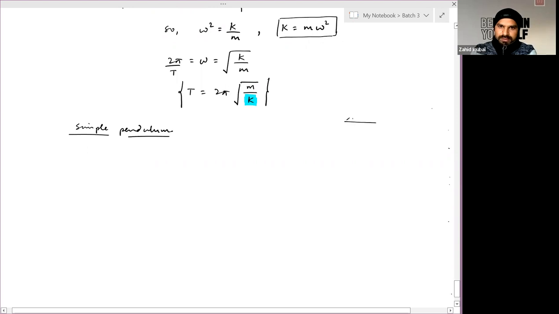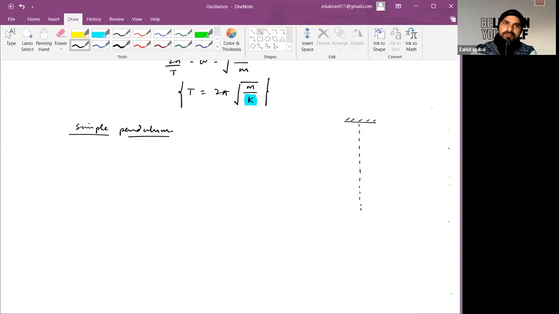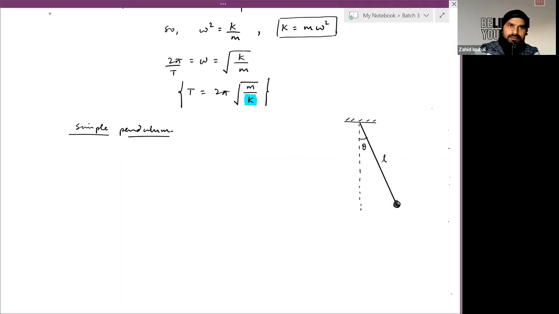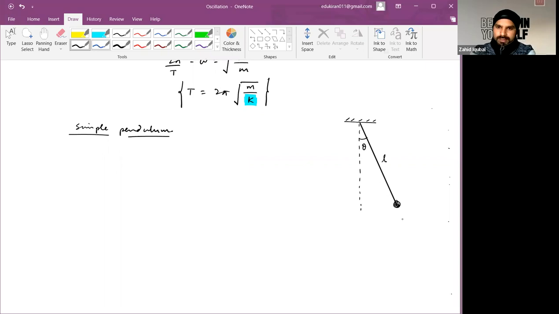Suppose from any support, the mean position is this. A bob attached with a string having length L and mass M is slightly bent at some angle theta.